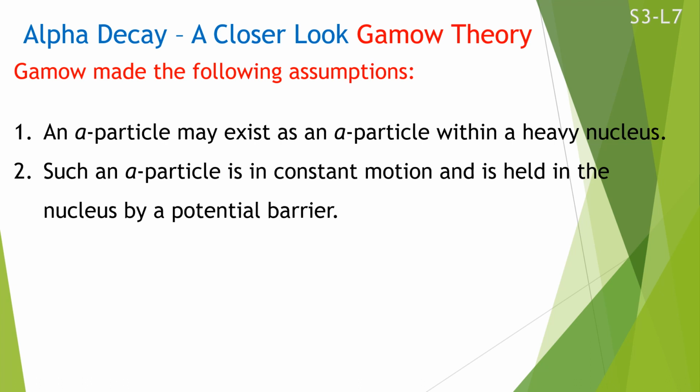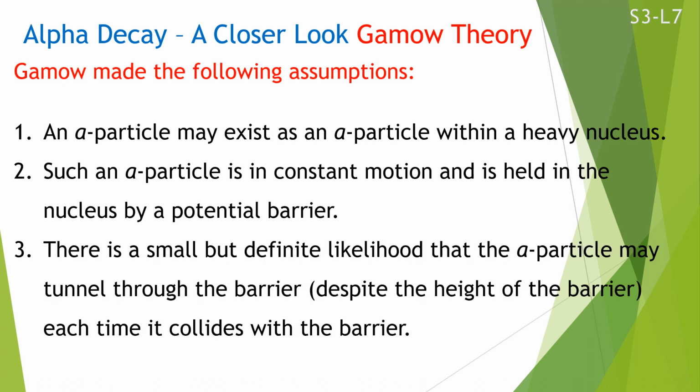Such an alpha particle is in constant motion and is held in the nucleus by the potential barrier. The third assumption is that there is a small but definite likelihood that the alpha particle may tunnel through the barrier, despite the height of the barrier, each time it collides with the barrier.